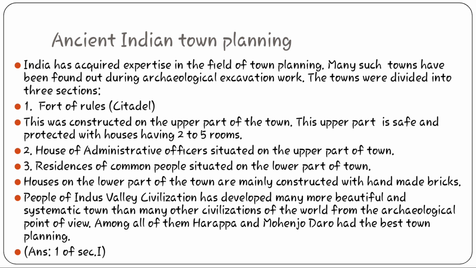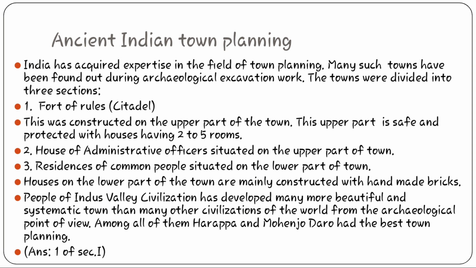This upper part is safe and protected with houses having 2 to 5 rooms. Second one is called the house of administrative officers, that is situated at the upper part of the town. Third one is the residence of the common people. It is situated on the lower part of the town. Houses of the lower part of the town are mainly constructed with handmade bricks.